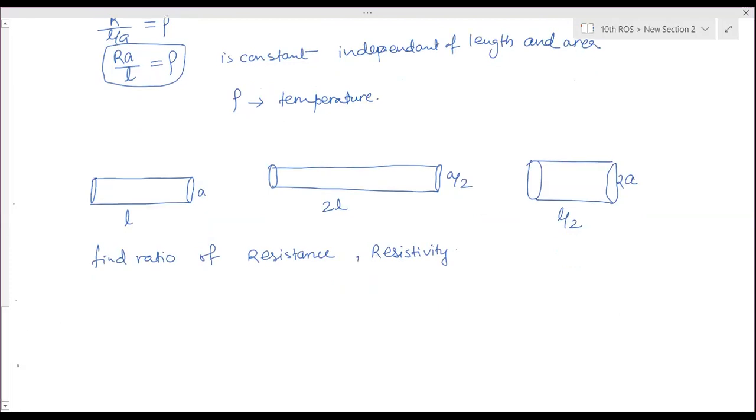How to find out? Resistivity is independent, so it's the same for all. They have asked the resistivity ratio, so you have to write 1:1:1. And then the resistance ratio.